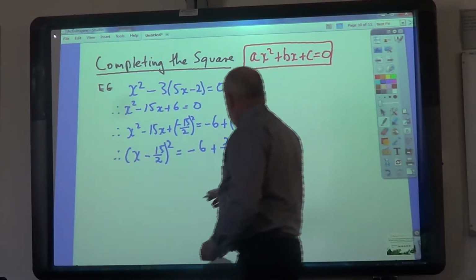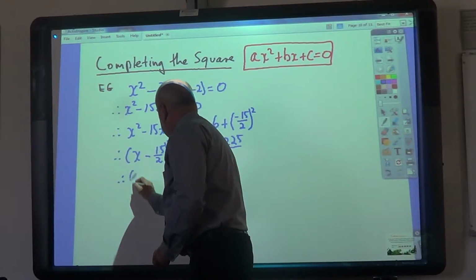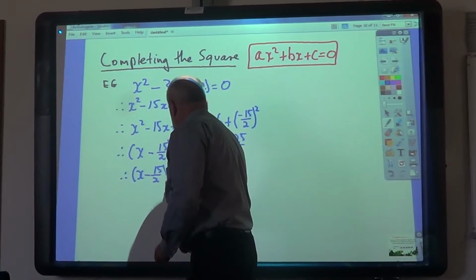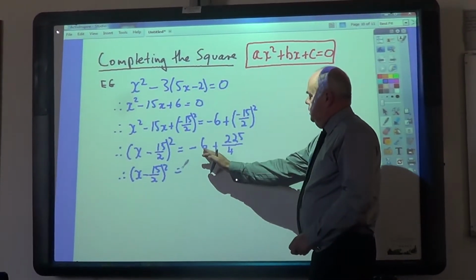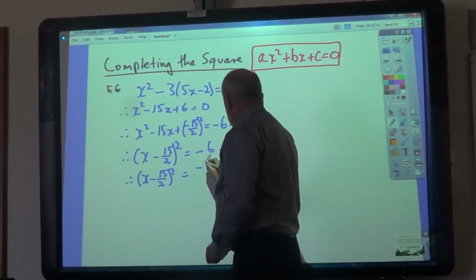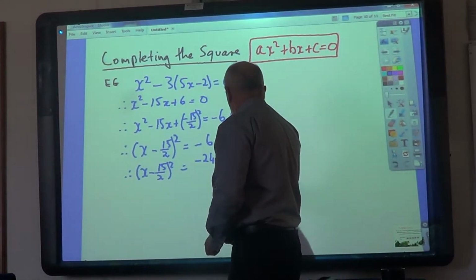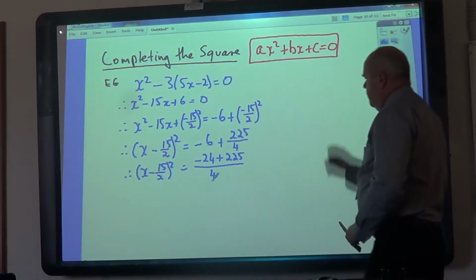Okay, so what I'm going to do is still work on the right hand side a bit, leave the left hand side pretty well as it was. And I'm going to convert my 6 here to quarters. So all I do is I times it by 4. And put it all over 4, my common denominator.